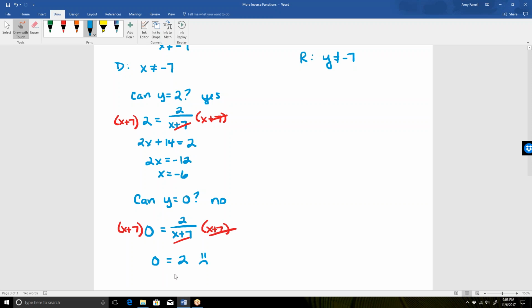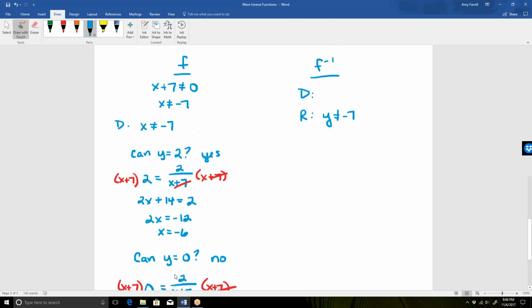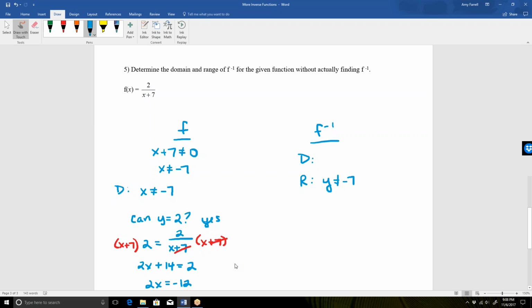So the range of the original function is that y cannot be 0. 0 is the only y value that will lead to an untrue statement here. So y cannot be 0, and that turns out to be the domain of our inverse function. x cannot be 0.